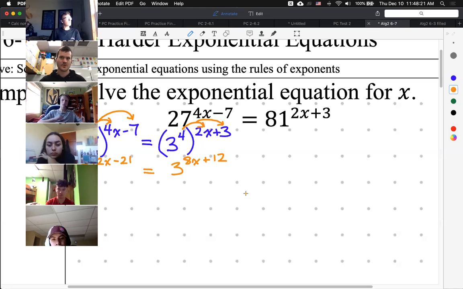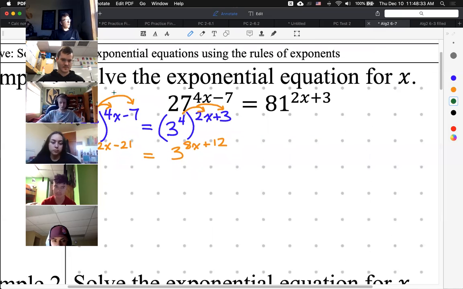All right, what do we do from here? I'm not going to call on Charles nor Wyatt. Yeah, Jose. You put together the exponents, right? Would it just be 12x minus 21 equals 8x plus 12? It is.